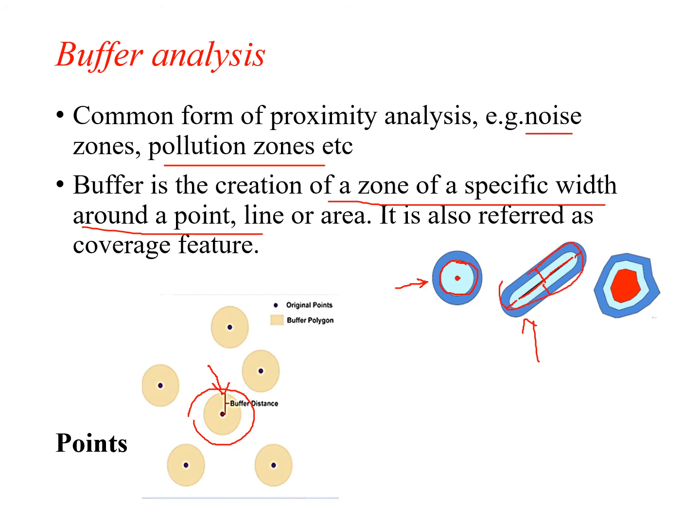And a polygon could be anything, from a triangle to any polygon with any number of sides. Concentric to that, you can see the zones shown here.